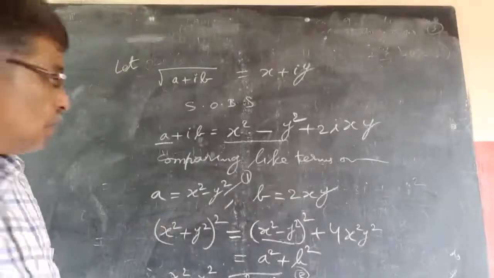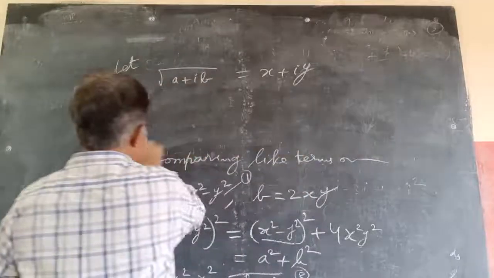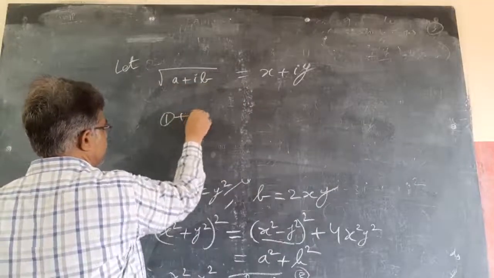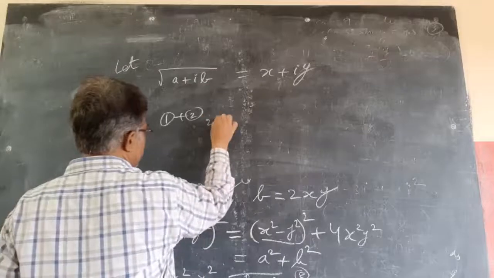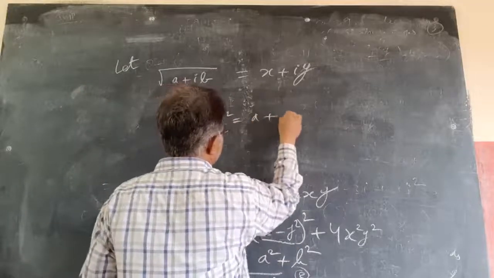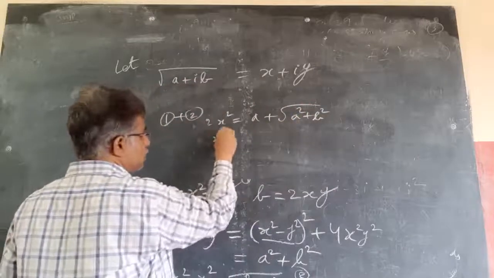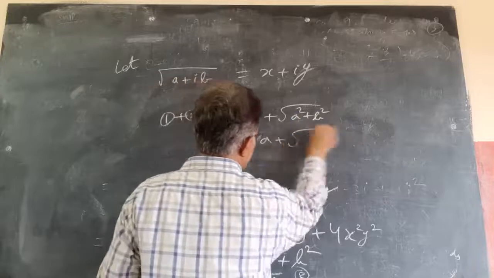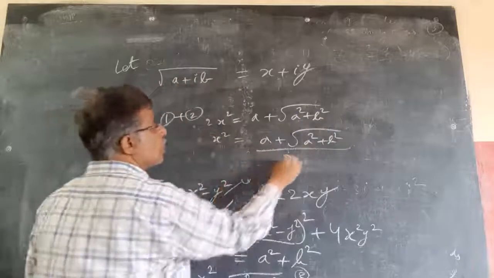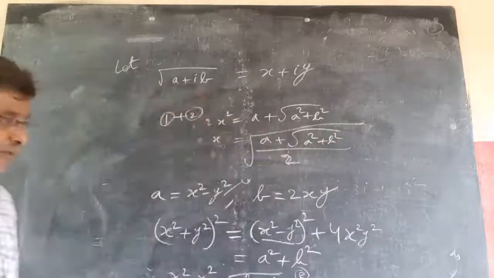So 1 plus 2 gives x square plus x square, 2x square equals a plus root of a square plus b square. So x square equals a plus root of a square plus b square, by 2. And if I want x, take the square root of this.